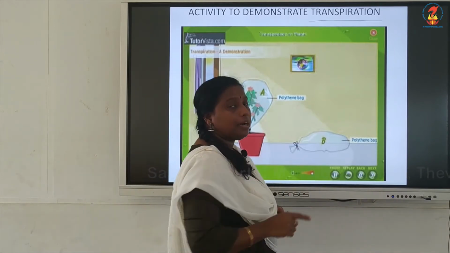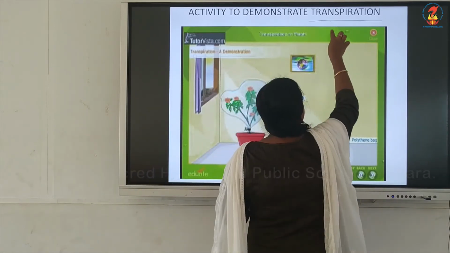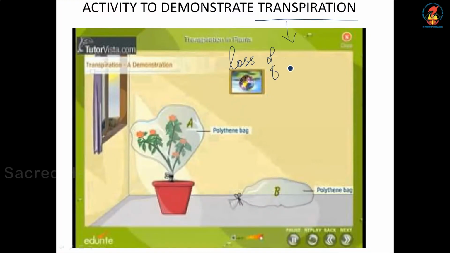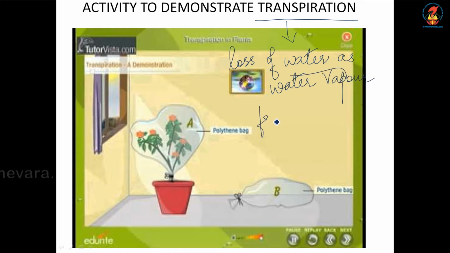So, what is a proper definition for transpiration? It is the loss of water as water vapor from leaves.